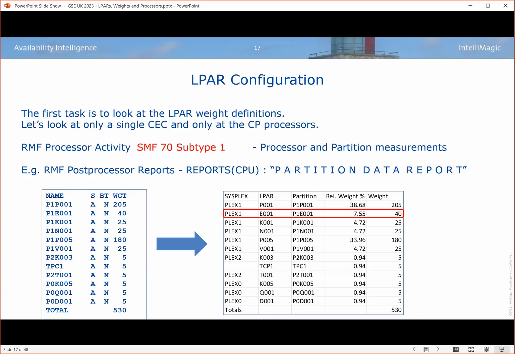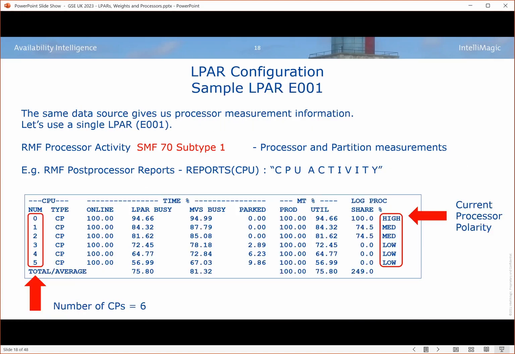We can see the weight that we specified on the console and the relative weight that that represents. So what we can also see in this data source, SMF 70 subtype 1, is the CPU activity report, where we can see our 6 logical processors, and we can actually see the current processor polarity for that interval. It may change. Be aware of that. Okay, so we can see there's 1 vertical high, 2 mediums, and 3 lows. And we saw that in the topology view as well.